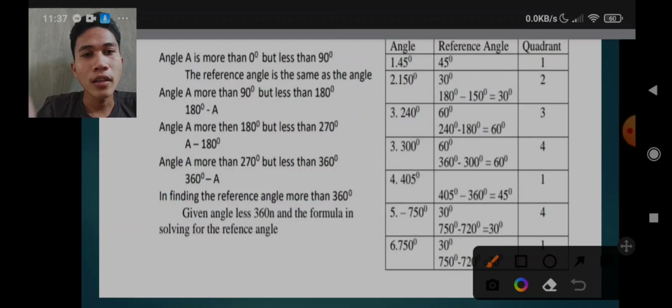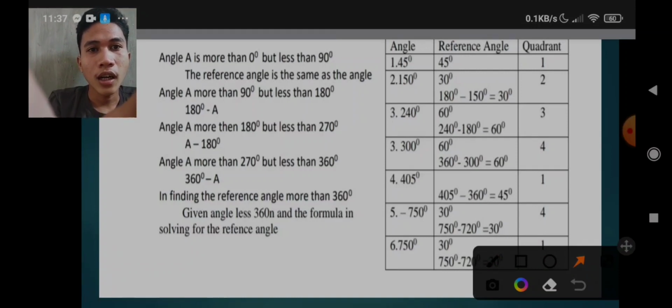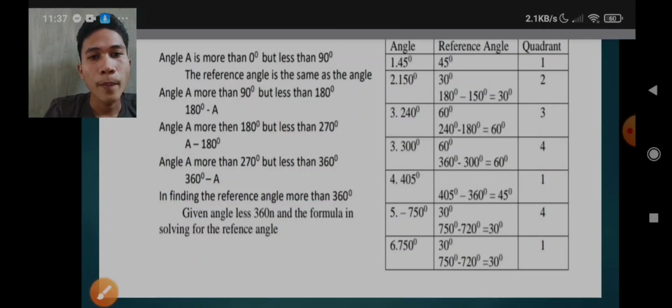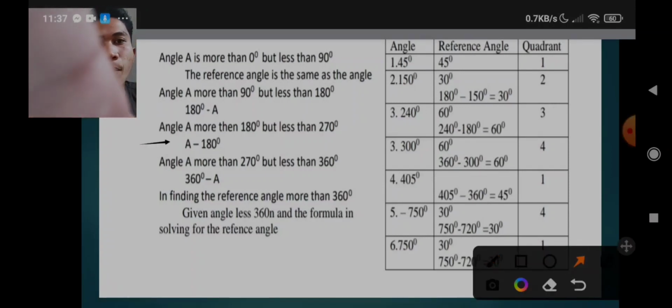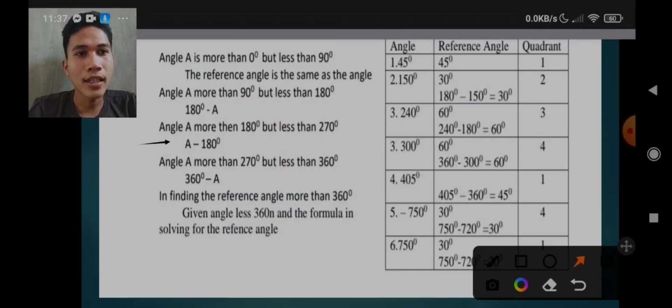So if an angle is more than 180 degrees but less than 270 degrees, the formula is angle A minus 180 degrees.